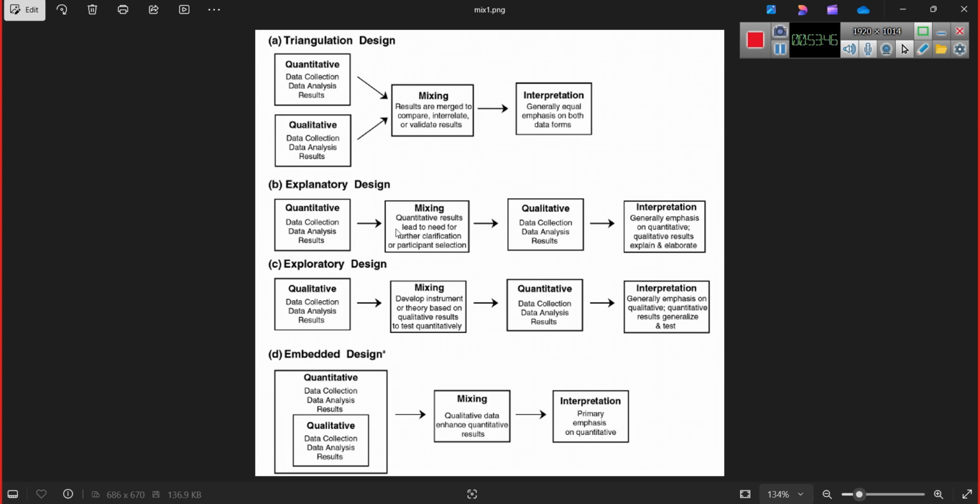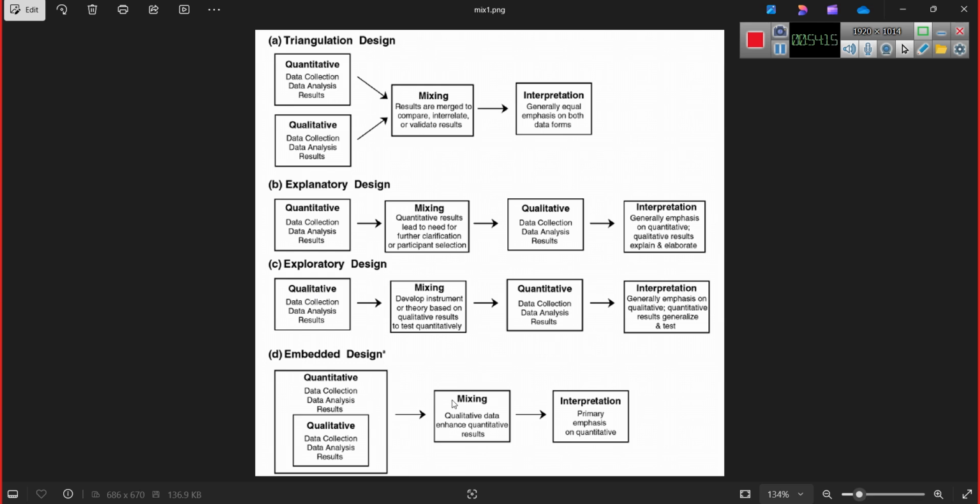But in explanatory and exploratory designs, the quantitative and qualitative research designs are sequenced. For example, in an explanatory design, we first have the quantitative research design, then the qualitative, and in the exploratory one, we first have the qualitative research design, then the quantitative one.